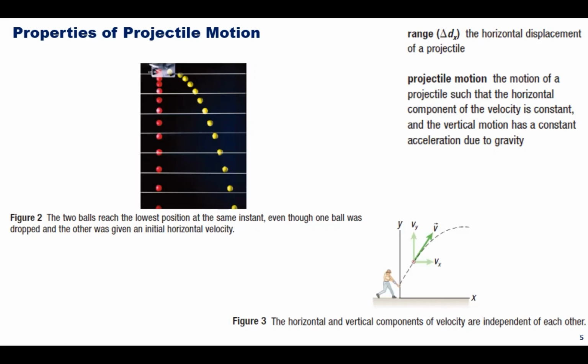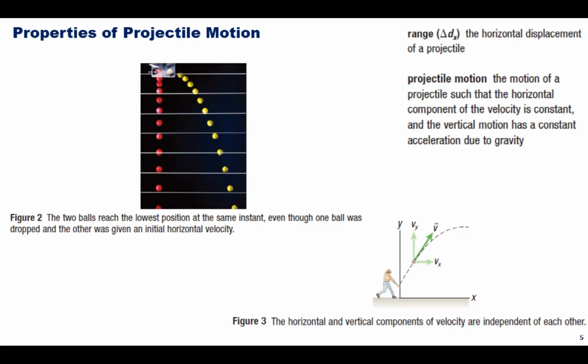And last, the horizontal and vertical motions of a projectile are independent, but they share the same time. So combining these properties can help us define projectile motion. By definition, projectile motion is the motion of an object such that the horizontal component of the velocity is constant and the vertical motion has a constant acceleration due to gravity.